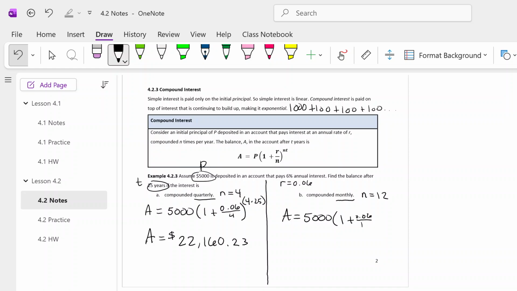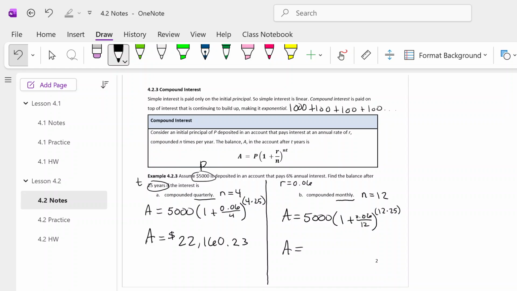You're just going to backspace the first 4 and make it a 12, and backspace that second 4 and make it a 25. I highly suggest putting your exponent in parentheses when you have 2 numbers up there, so 12 times 25 in parentheses.